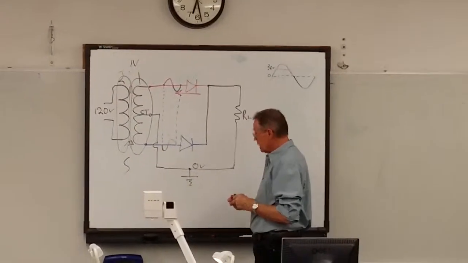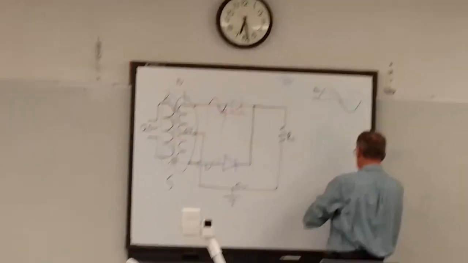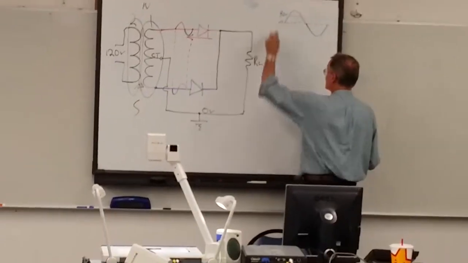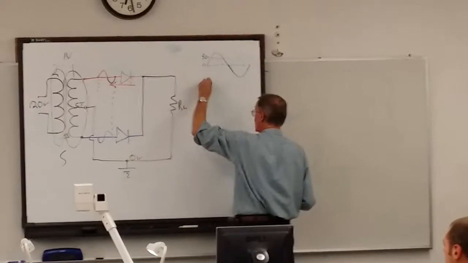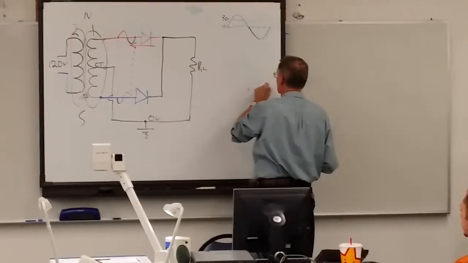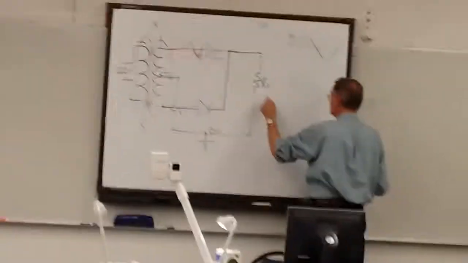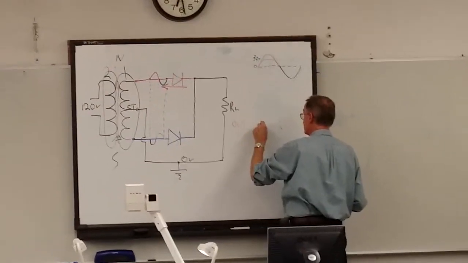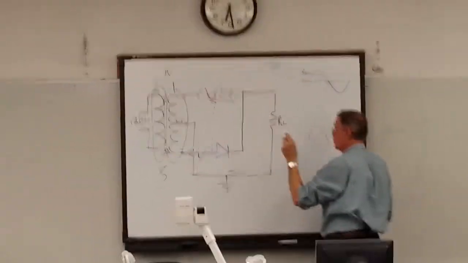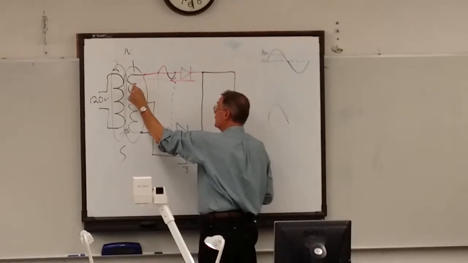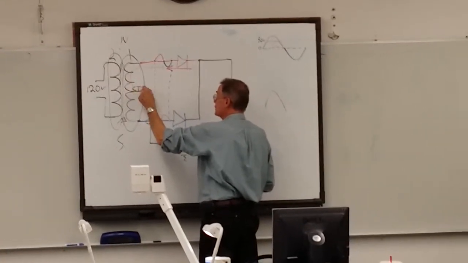All right, so here's the path when the input is positive during this time. This is the input here. And here's our out. Current flows through here, and it comes down and it goes through the center tap.